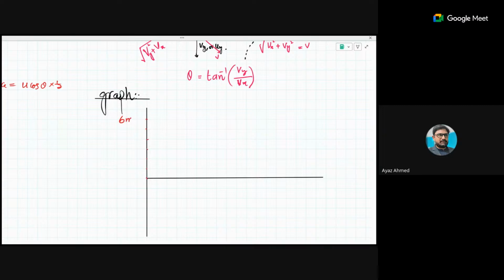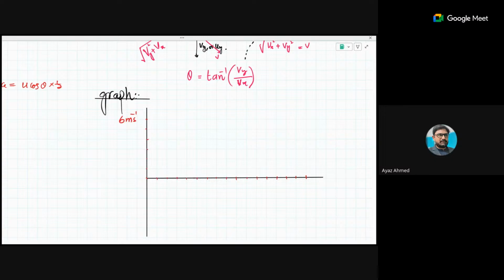This was the initial speed of the projectile we were going to discuss. And let's say it takes 8 seconds to reach the maximum height.